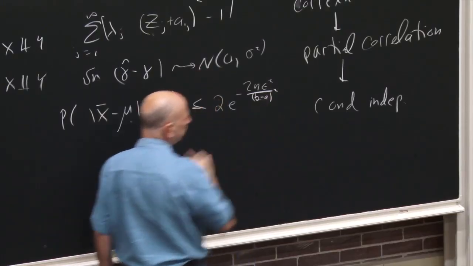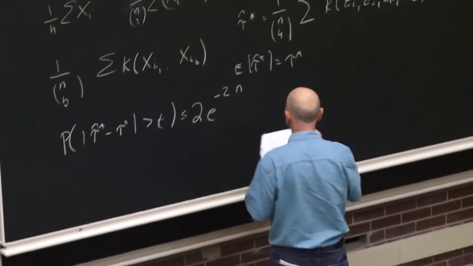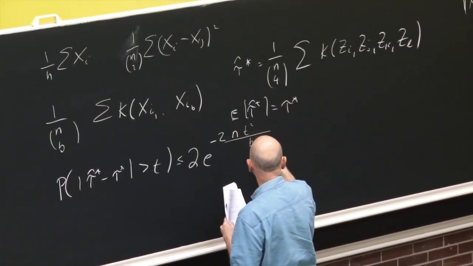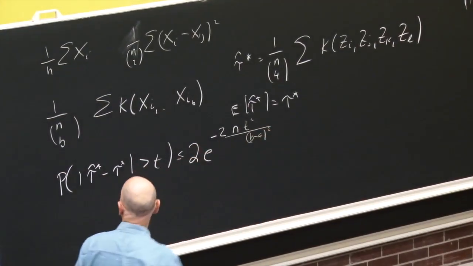This is just the range that x can take. It looks exactly the same. It's 2n t squared over b minus a squared. I'm using b twice, unfortunately.